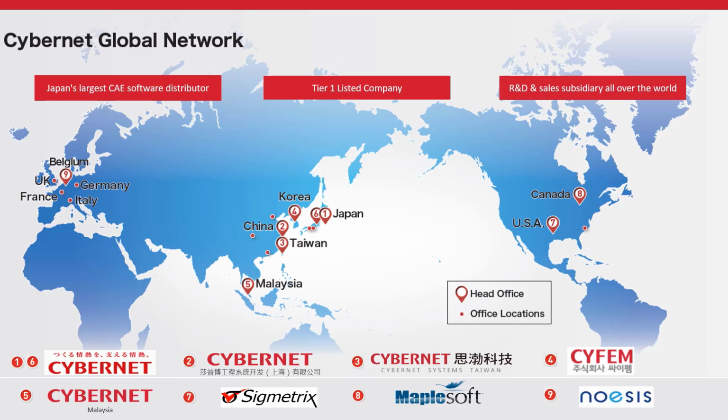Outside of Japan, we have 4 overseas sales subsidiaries, namely Cybernet Taiwan, Cybernet China, Cybernet Korea or CyFam, and Cybernet Systems Malaysia. On top of that, we also have 3 software developer companies, located in the USA, Canada, and Europe.